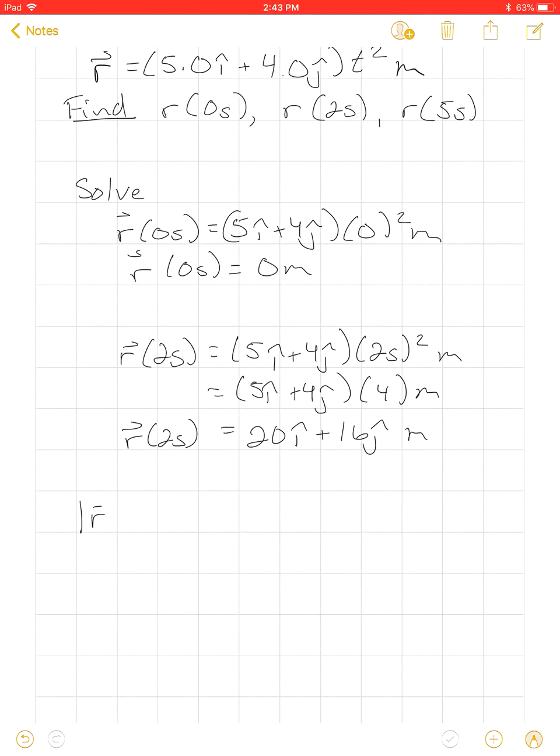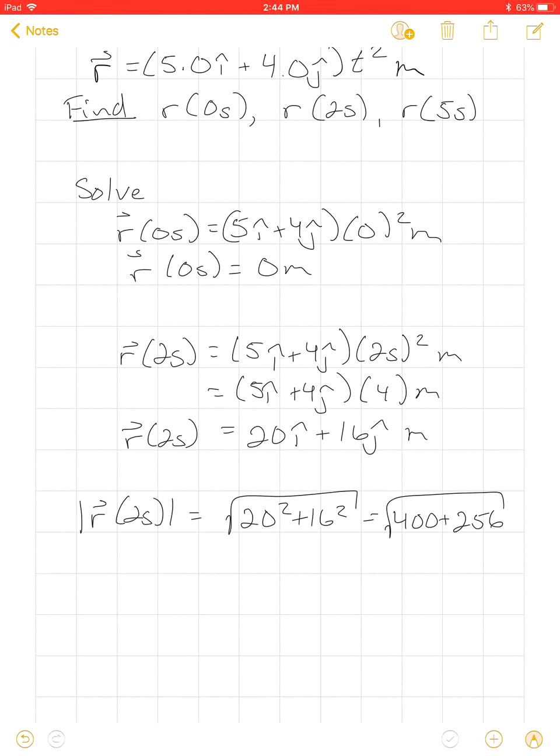Now we have this, so we can figure out what the magnitude is. The magnitude of r at 2 seconds is going to be equal to the square root of 20 squared plus 16 squared. Let me plug that into my calculator here. 20 squared is 400, plus 16 squared is 256.